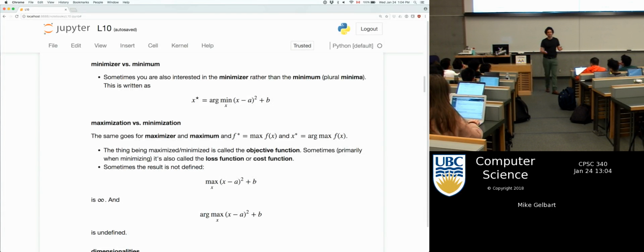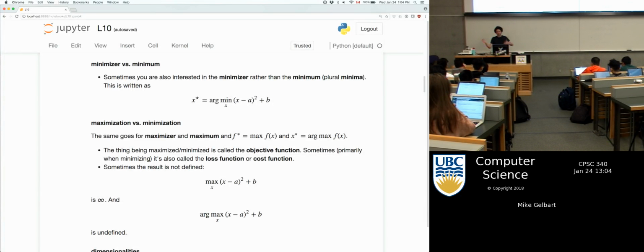In this case, x equal to a. The maximizer or minimizer is the arg. That's the argument. That's the thing that you put in, which gives you the best possible value, whereas the minimum or maximum is the value itself. Okay.